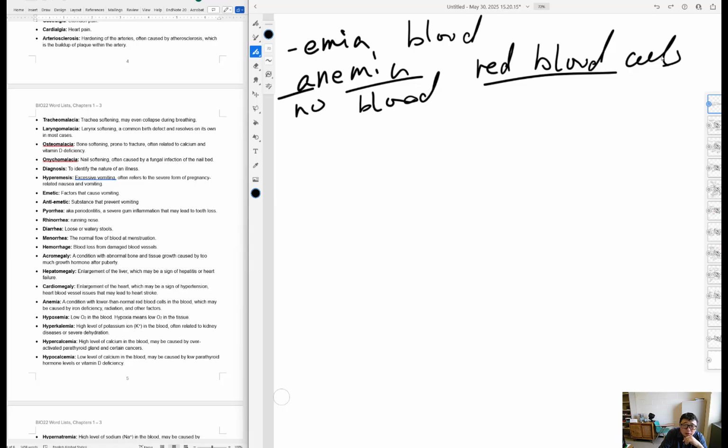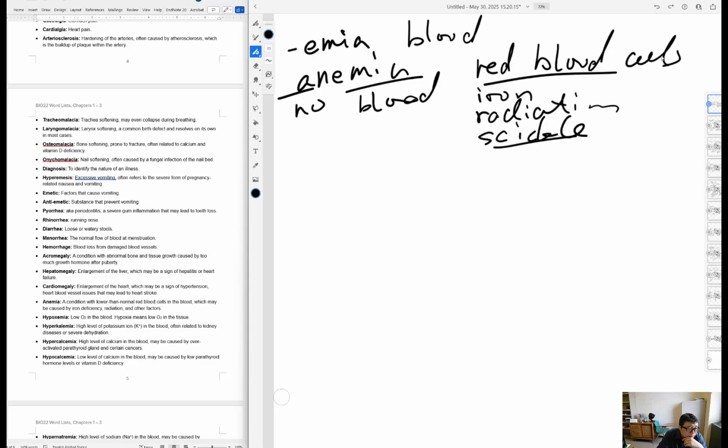Maybe the least serious is iron deficiency, and some others like radiation, and many other things like sickle cell. Sickle cell, now we call it sickle cell disorder, but before it was all called sickle cell anemia.